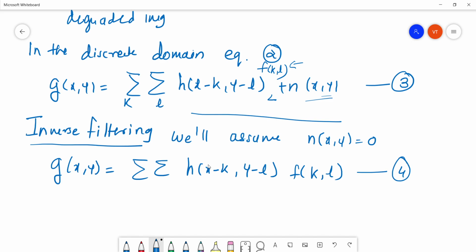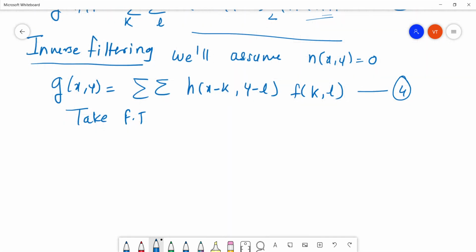Okay, so now we have to take the Fourier transform. After the Fourier transform, g of x,y becomes capital G of u,v, which equals H of u,v multiplied by F of u,v.